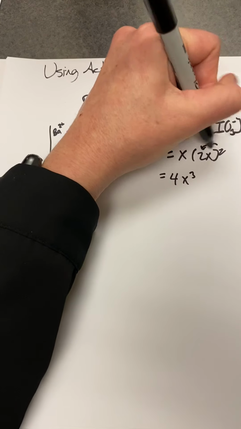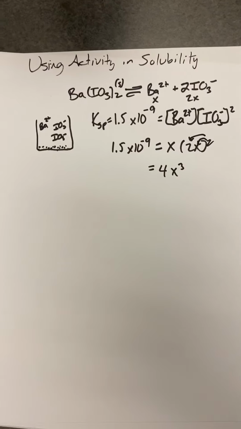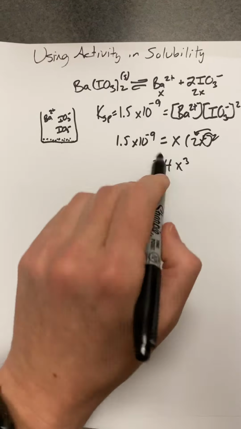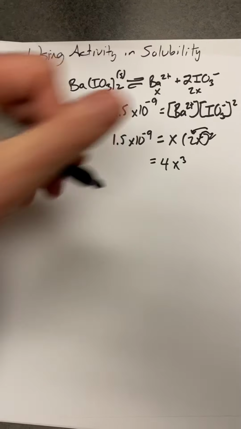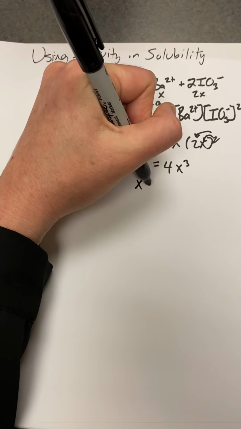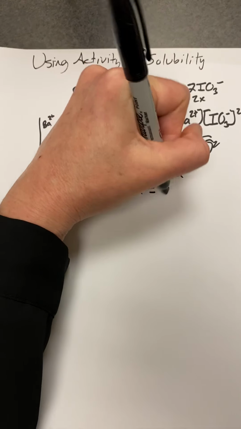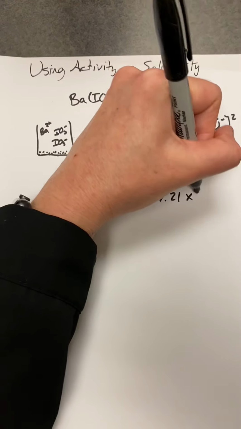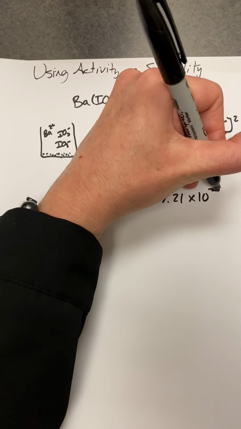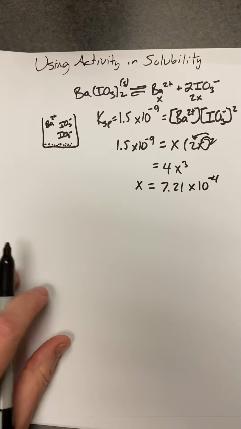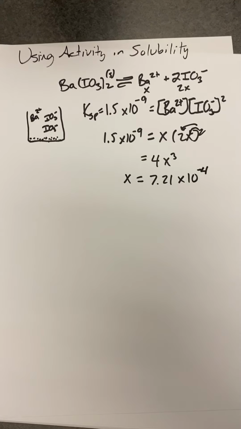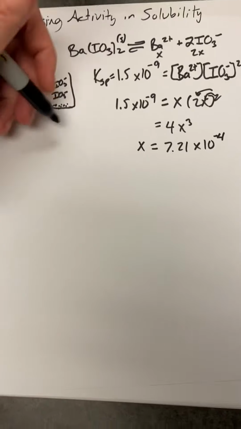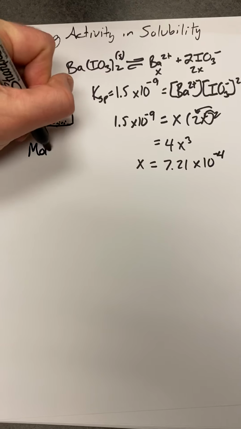That's because this 2 goes there, and that 2 goes there, and so it ends up being 4x squared times an x is 4x cubed. And if you solve for x, you'll find out that x is equal to 7.21 times 10 to the negative 4. All right, so this would be a standard solution, and the simple question would be like, what is the molar solubility?